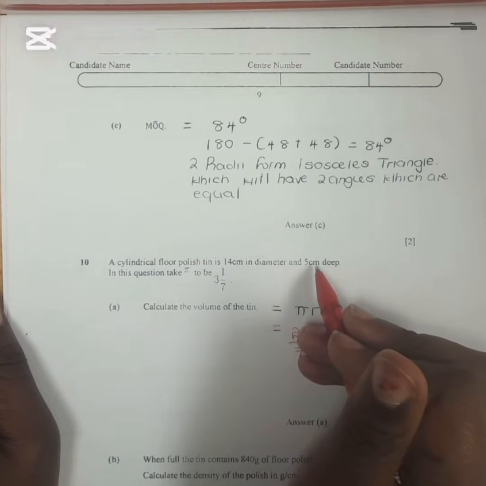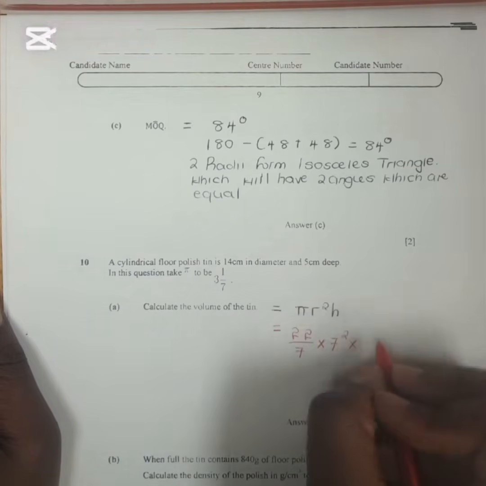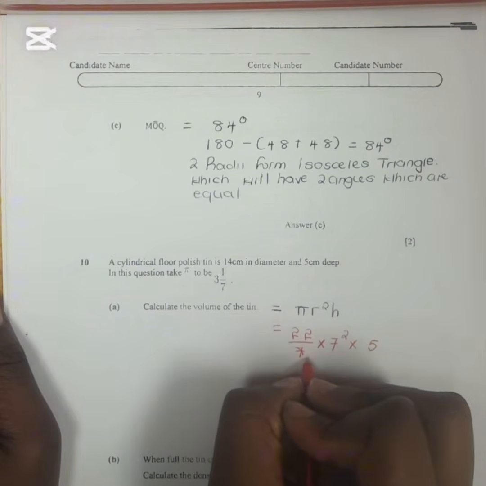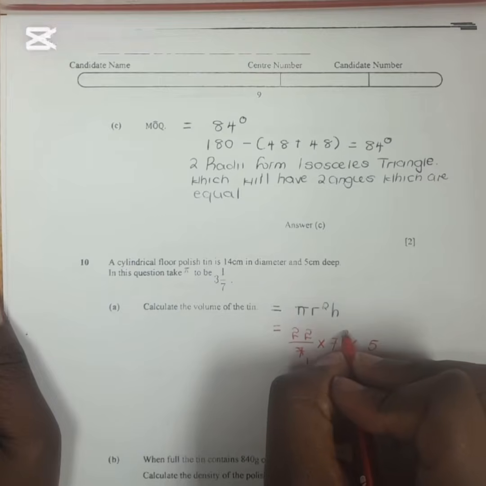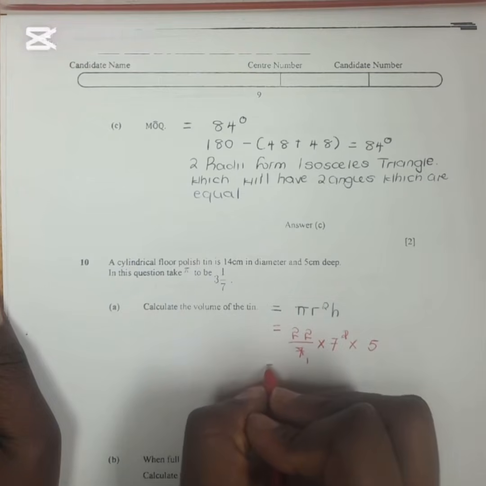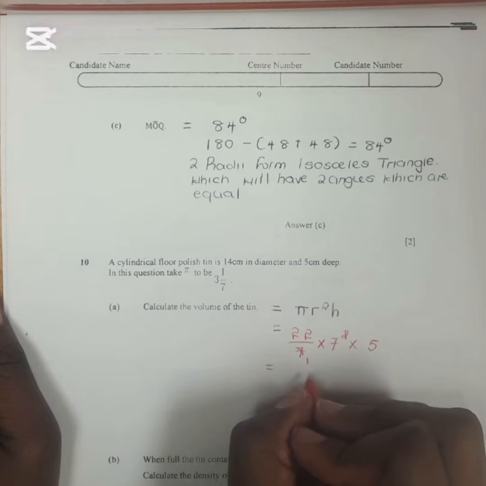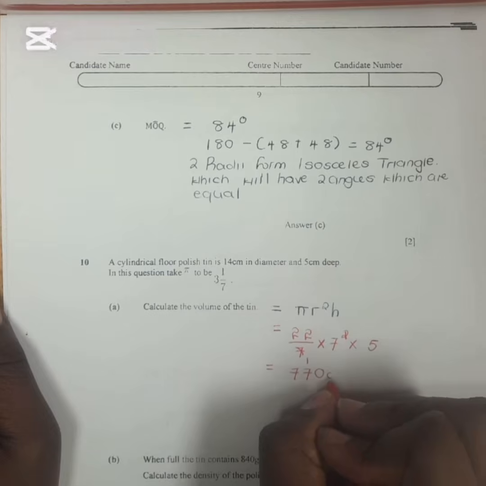Height is going to be 5 centimeters. So we say 7 into 7, 1. 7 into 49, we get 7. Our answer is going to be 22 times 7 times 5, which is equal to 770 cubic centimeters.